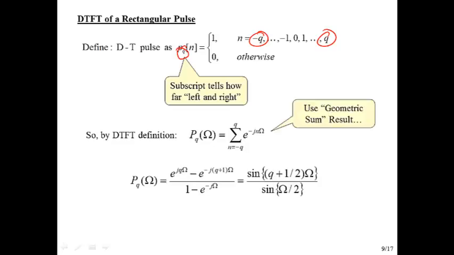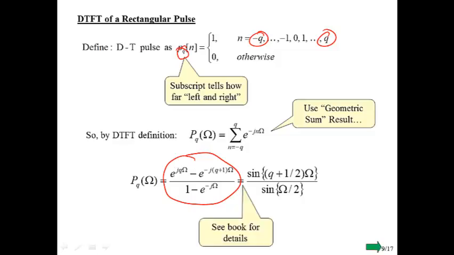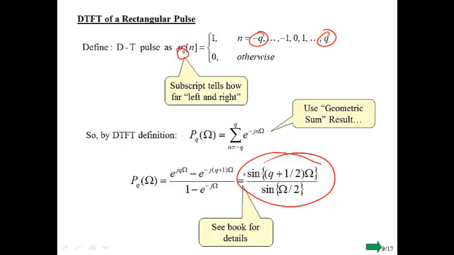And again, using the geometric sum result, we can evaluate it like this. The book shows the details, but basically, you go hunting for Euler. So you can pull out some exponentials and things here to turn those things into sines, and so we get something that looks like this.